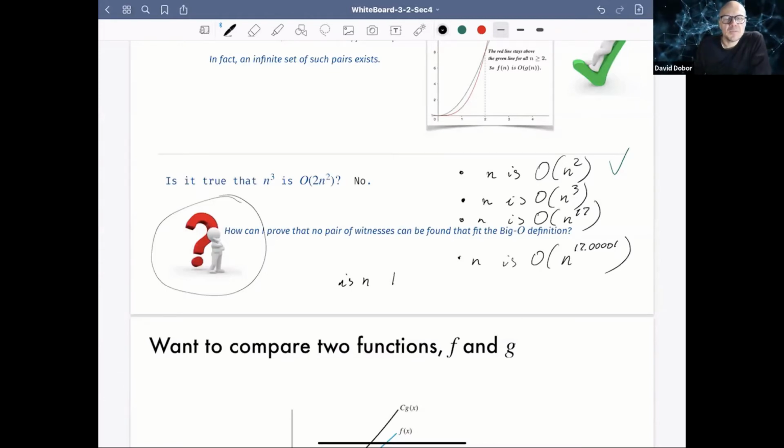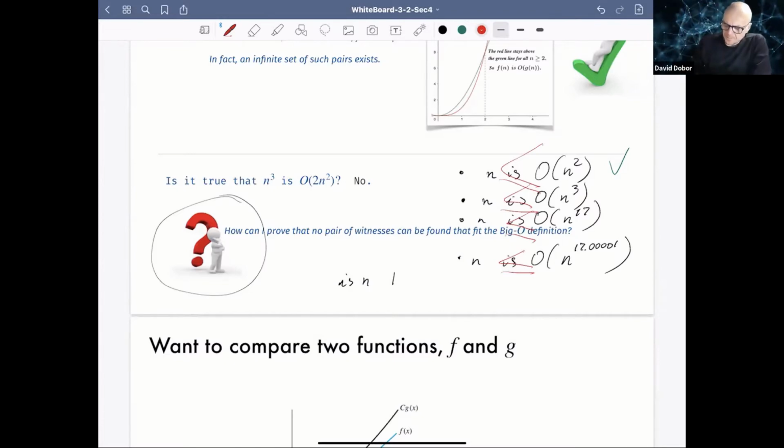Why? Because in our asymptotic sense, n is smaller. This is all less than or equal everywhere. In this case, it's less than or equal as long as n is bigger than 1, so our constant C is 1.